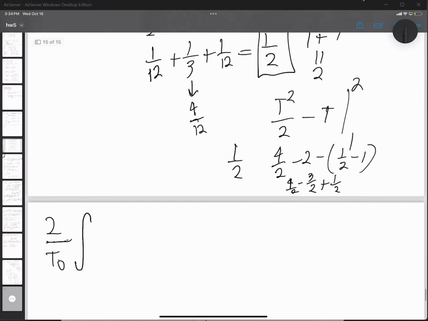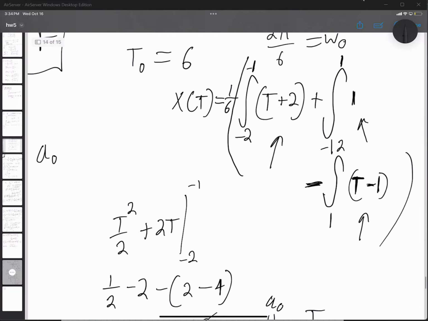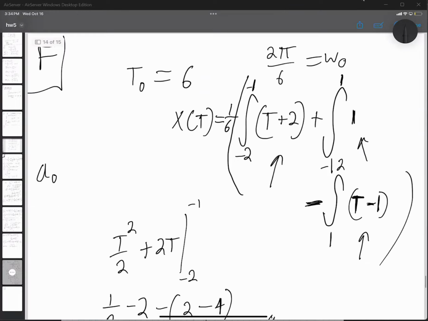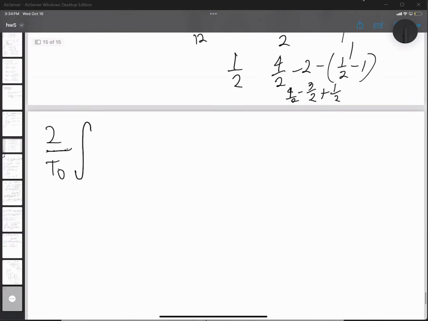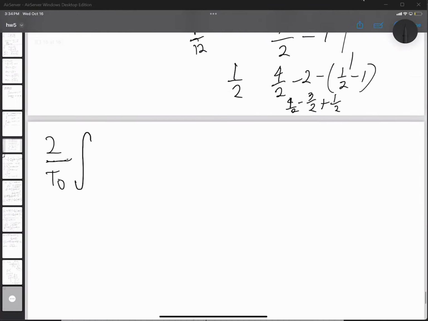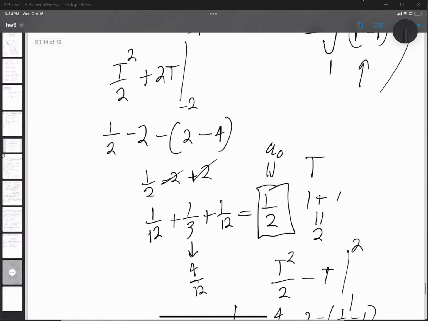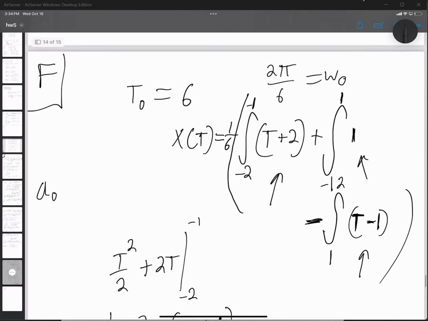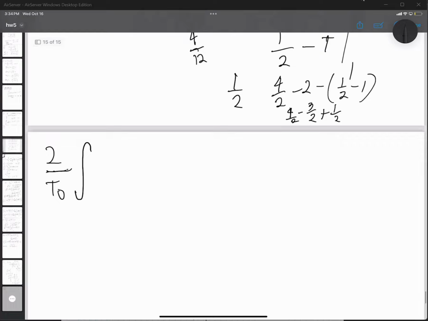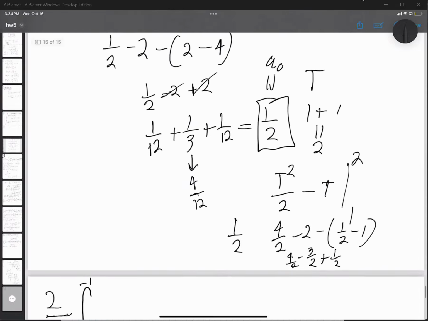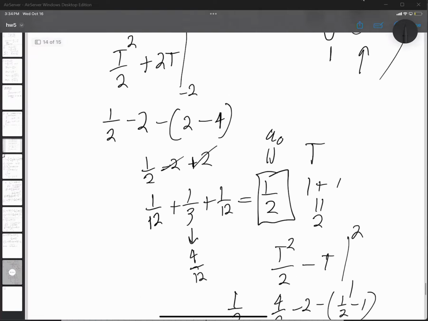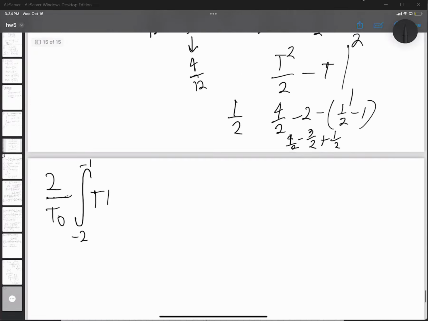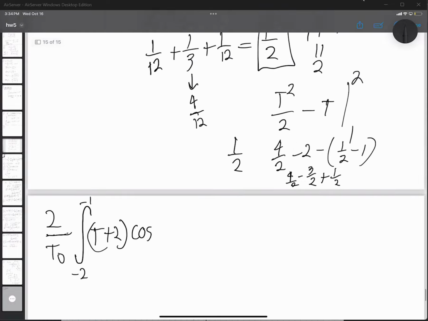I'm not very fond of integrating this much, but integrate from negative 2 to 1 of t plus 2 of cosine of n omega naught t.